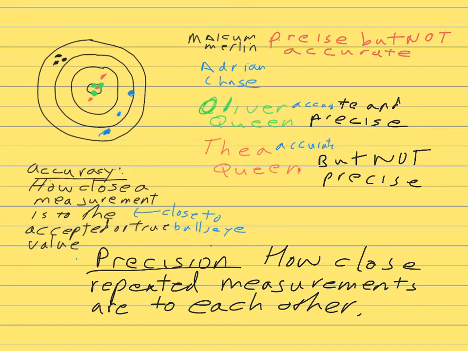And Adrian Chase, we have 3 arrows. The 3 arrows are nowhere close together, and they're nowhere near the bullseye. So they're not precise, and they're not accurate.